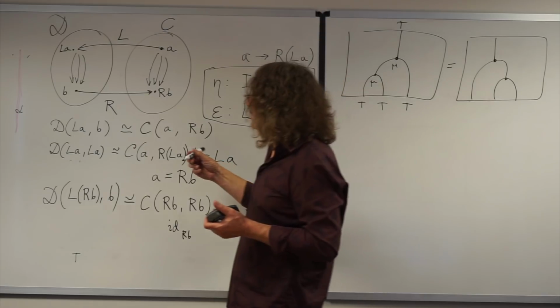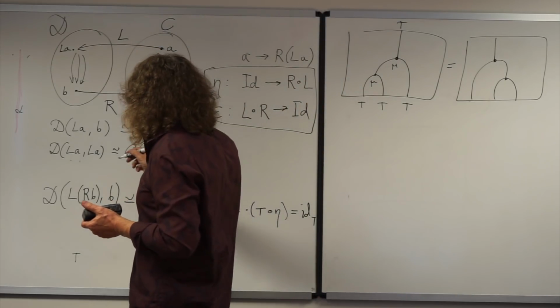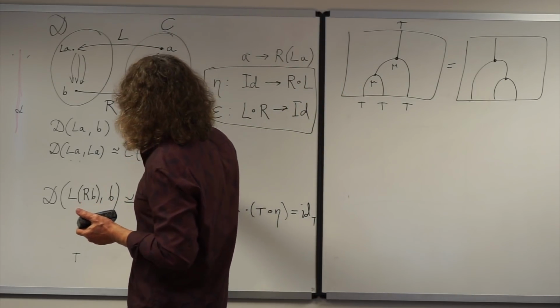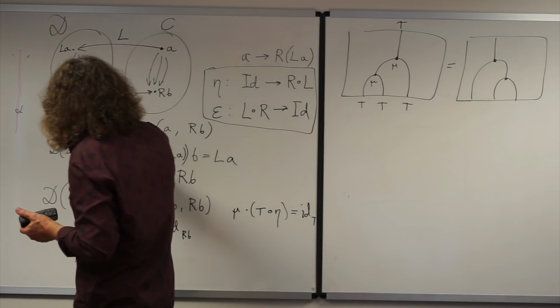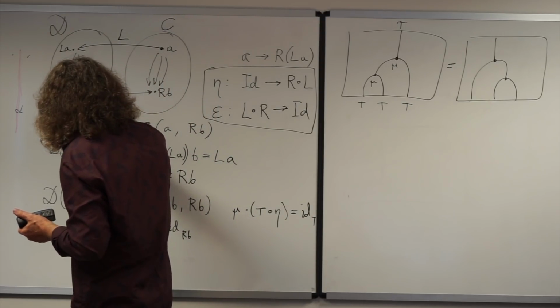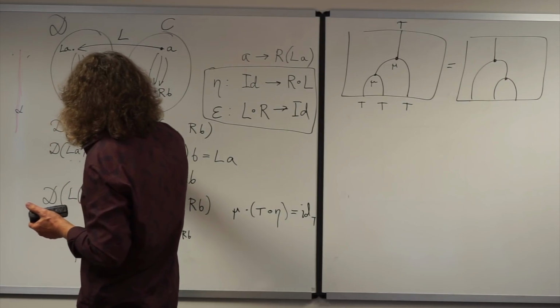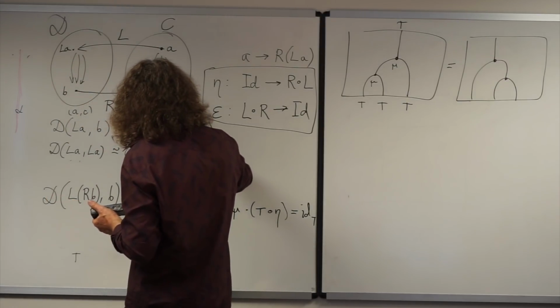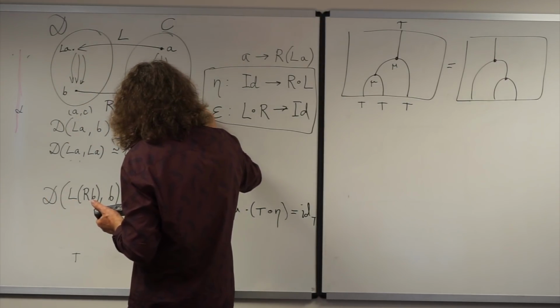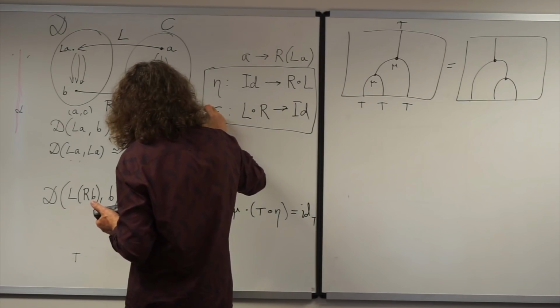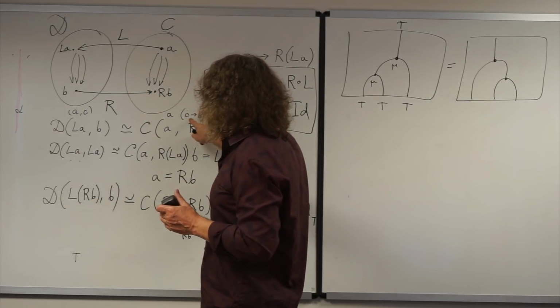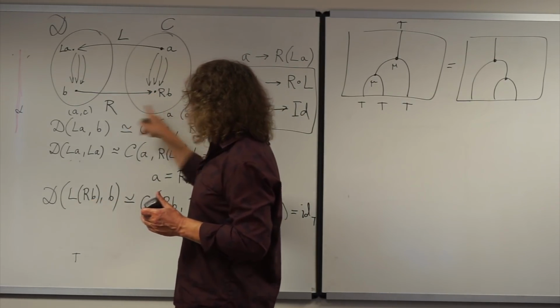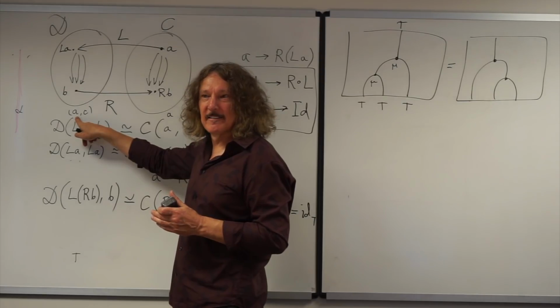Currying is an adjunction between a functor, here we will say A comma C. So these are functions from a product of A and C to B, and these are functions from A to the functions from C to B. So the function type is the right adjoint of product.